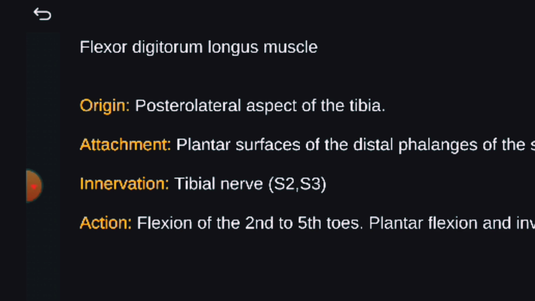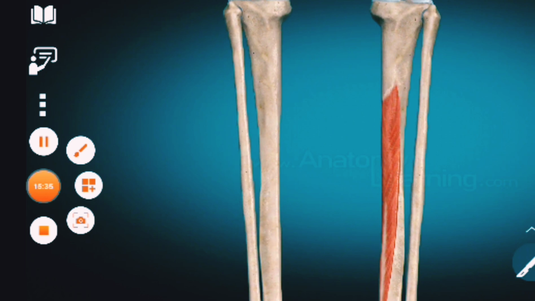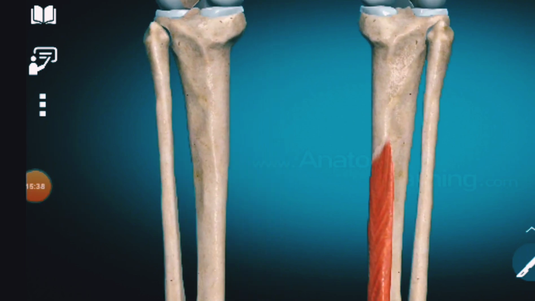It inserts onto the plantar surfaces of the bases of the distal phalanges of the second to fifth toes. So it is not associated with the great toe. The innervation is the tibial nerve, and the action is flexion of the second to fifth toes, plantar flexion, and inversion of the foot. So this is our muscle.